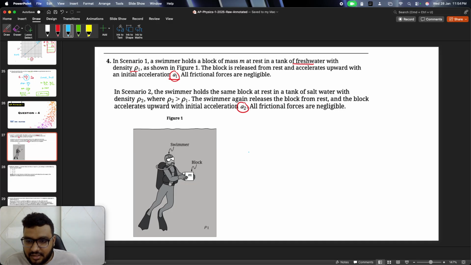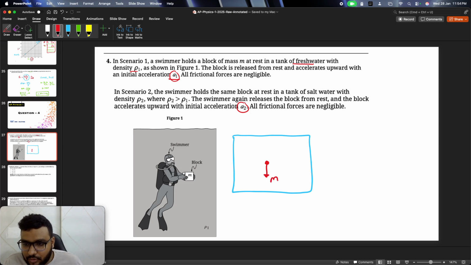Okay, let's understand the system we have right now. In the first scenario, the fresh water case, this is the free body diagram of a mass m. The downward force pulling it downward is gravity, mg, and the upward force is definitely going to be the buoyant force Fb, here with density ρ1.